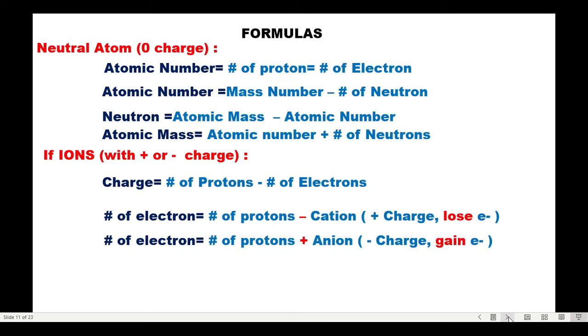But, if it is an ion, tas hinahanap mo yung electron, proton, add tayo ng anion. Bakit add? Kasi anion is a negative charge, which means you gain an electron. Okay? So, nag-gain tayo. So, proton, nag-gain ng electron. Anion yung tawag doon.